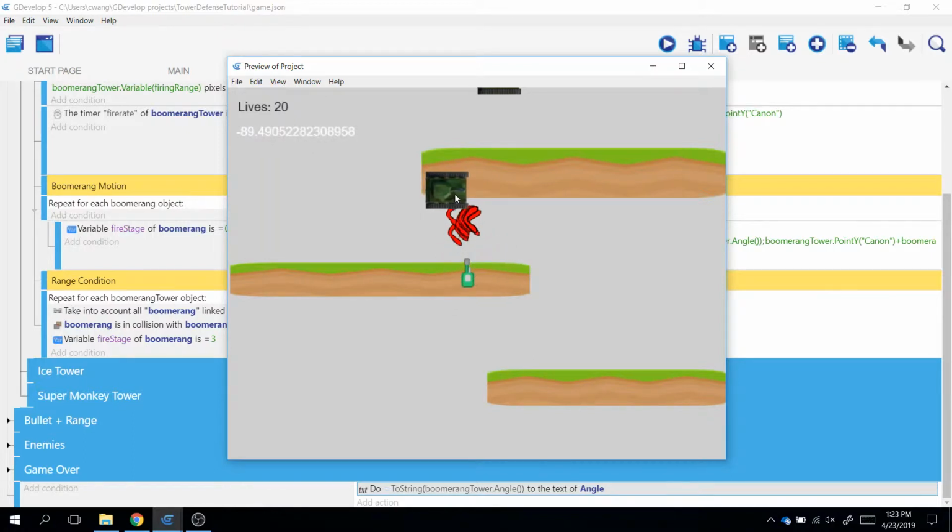Right? This boomerang tower should be vertical. And we get to, okay, so we have like a negative 179, and then boom, pop to 179 positive. And then we get to a positive 90 down here. And we get to 0 somewhere here.